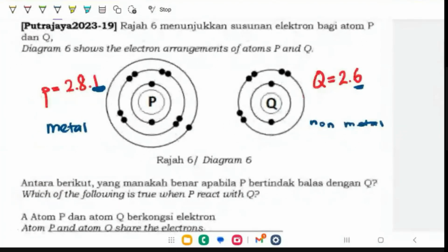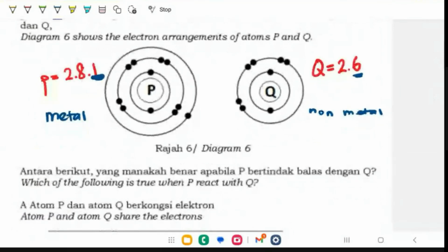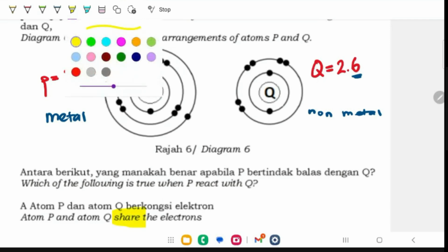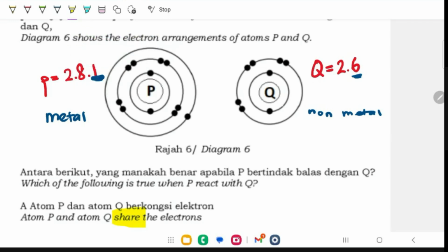Ionic compound. Now A: atom P and atom Q share the electrons. If they share the electrons, correct or not? No. That's covalent, not correct.